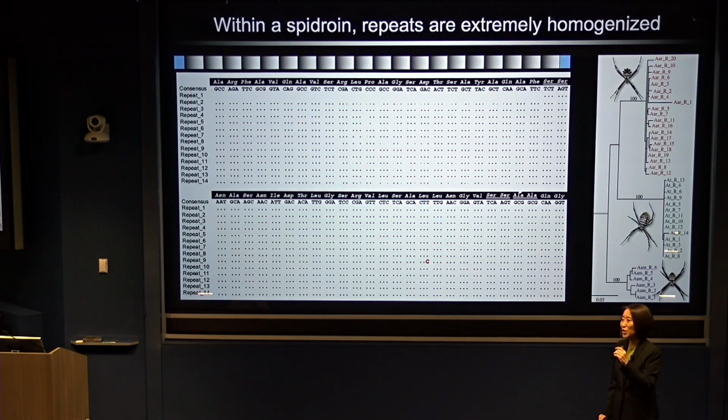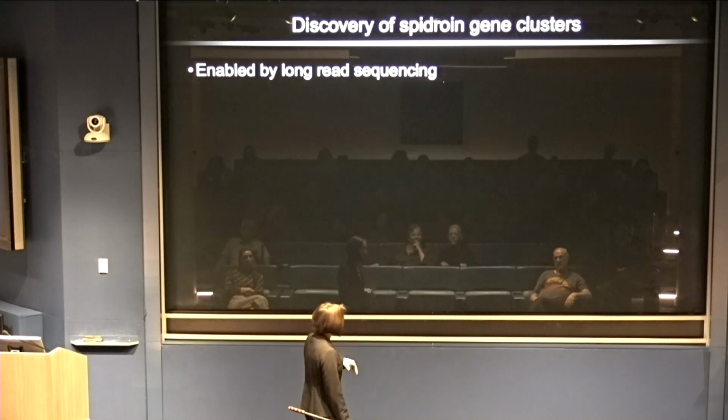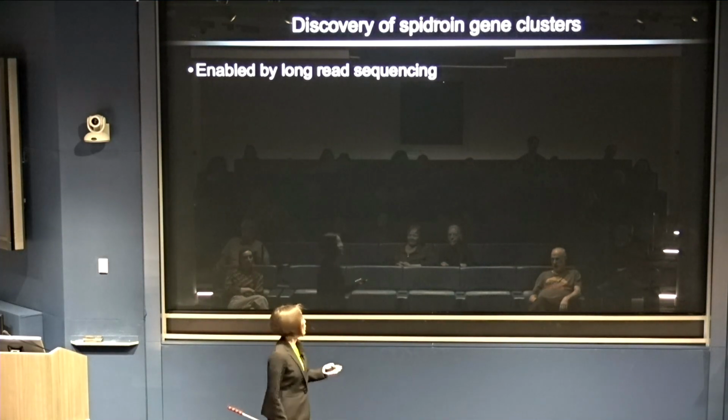But they're still similar enough across species that you can see that they're related to each other. You can actually align them. But it's a very odd kind of homology because I'm aligning parts of the same gene to itself. So that's what we have on many kinds of spidroins. We see that kind of homogenization of repeat sequence.